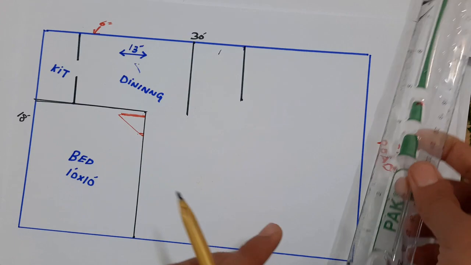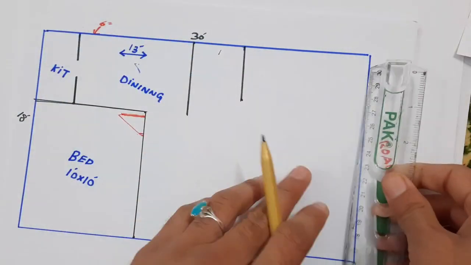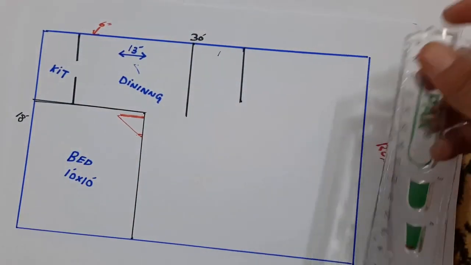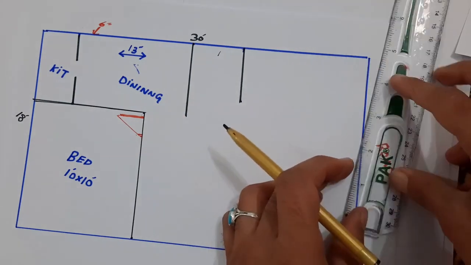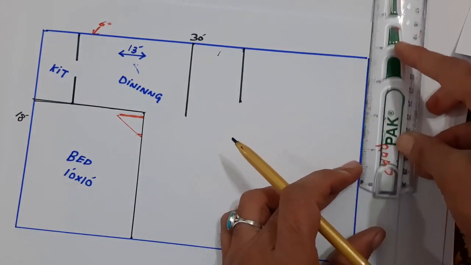Now here, this is a bedroom, again 3.5 inch, because this is 10 by 10 feet.